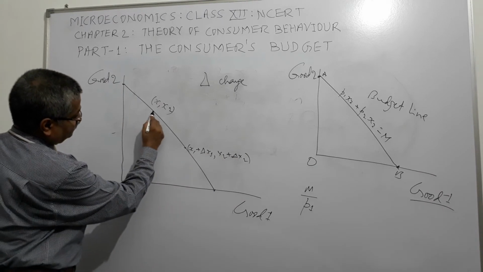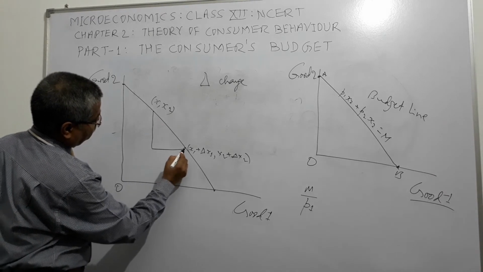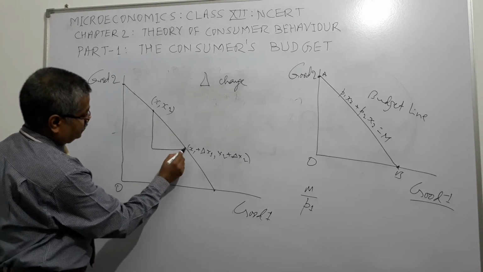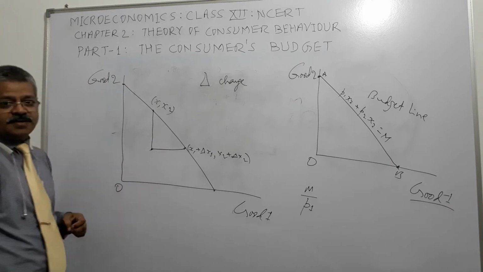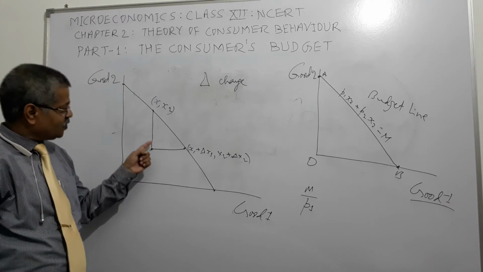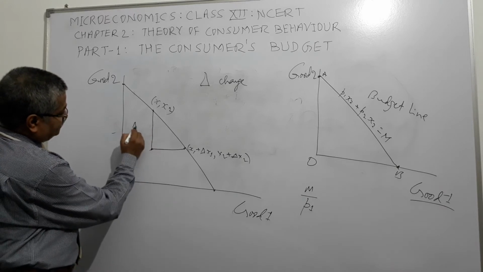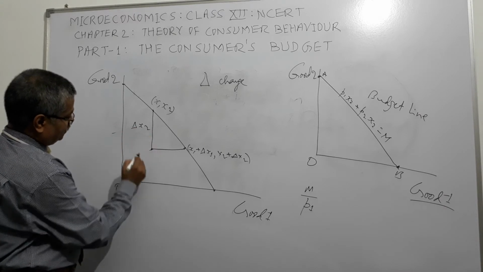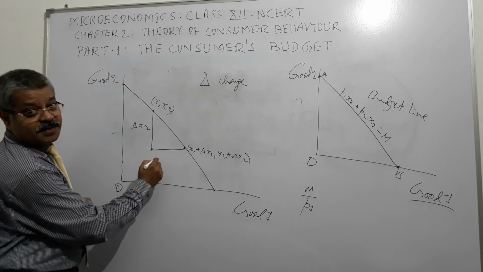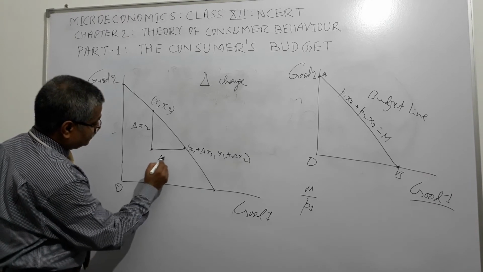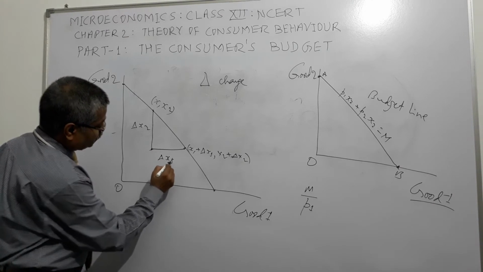Now you see this. Right? Here what is happening? See, this represents delta x2 and this one represents delta x1. Why so?